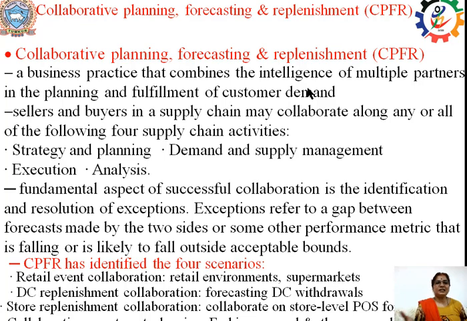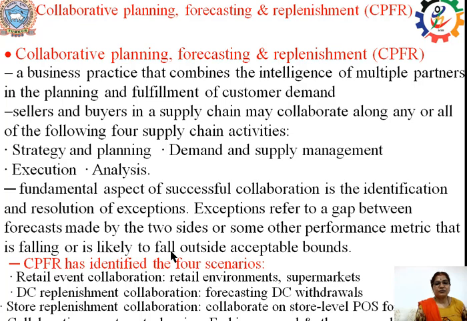So the skill level of all the people will be pooled at one place. This collaboration can take place for strategy and planning, demand and supply management, execution and analysis. The fundamental aspect is identification and resolution of gaps. Identify the gaps, and as and when they are identified, you resolve them.